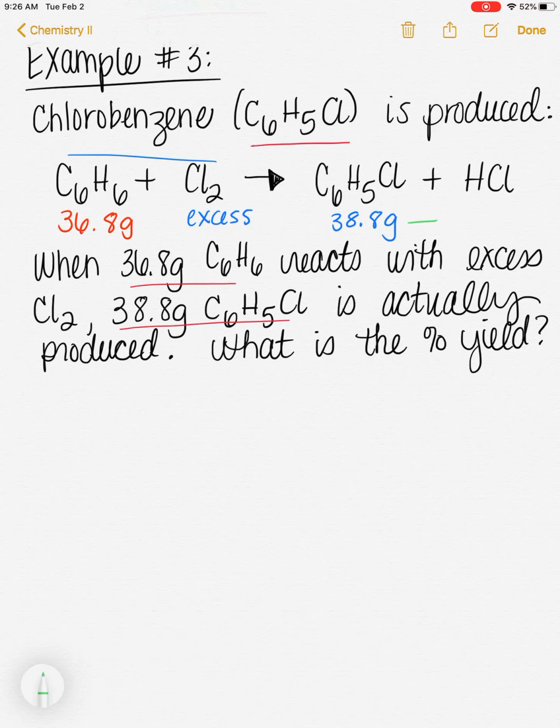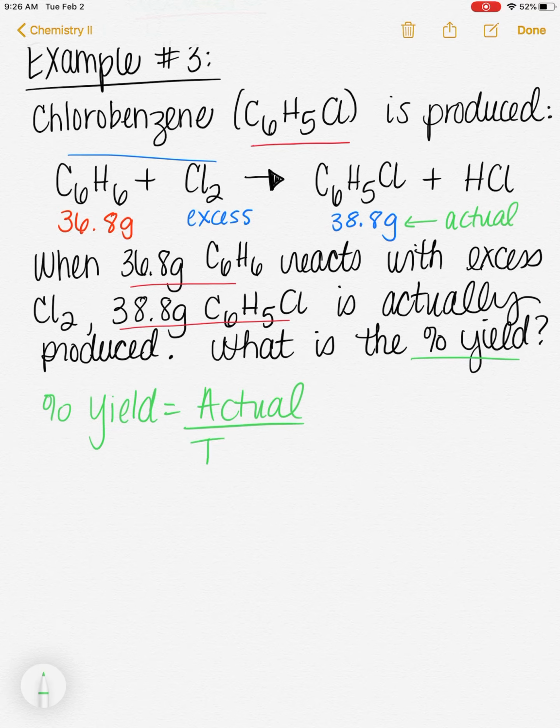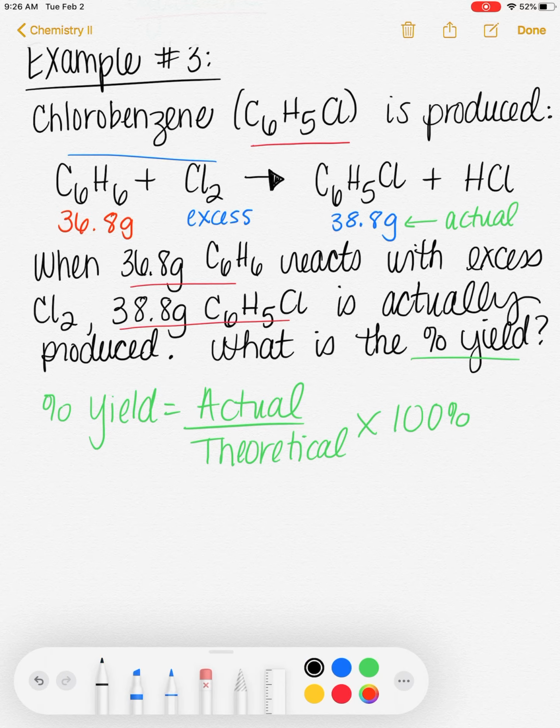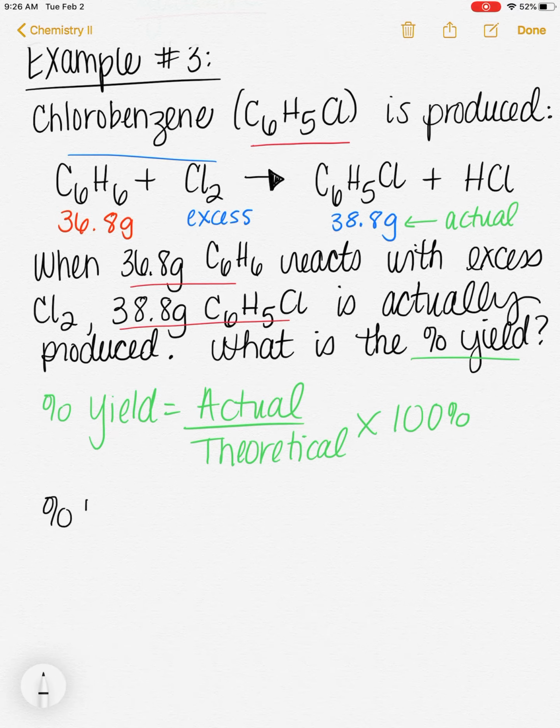So we need to stop for a second and think about what these numbers are telling us. This 38.8 grams, according to the problem, is the actual yield from lab, and we are supposed to find percent yield. If we think back, the equation for percent yield said that percent yield is equal to the actual value over the theoretical value times 100%. Now, given the information that we have in the problem, our percent yield would look like this.